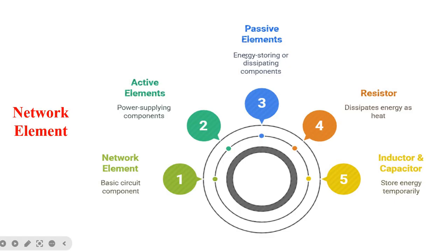Now next is the passive elements. The passive elements are the elements which will either store the energy or they will dissipate the energy. Dissipate the energy in the form of what? In the form of heat. So passive elements are nothing but resistor, inductor and capacitor.